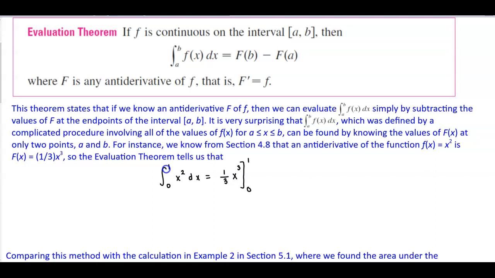And so then we apply these limits. We take the antiderivative at the input of 1 minus the antiderivative at the input of 0. So what that tells us is we end up getting 1/3 times 1 cubed minus 1/3 times 0 cubed.